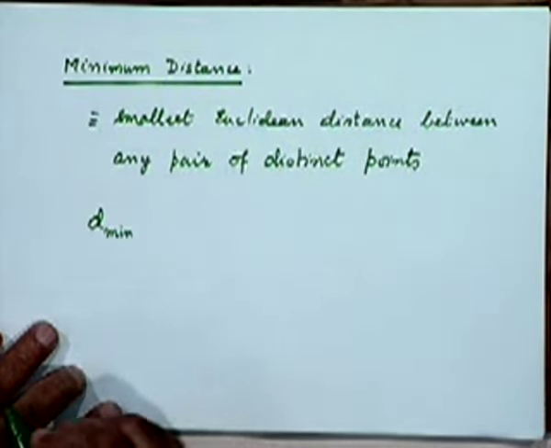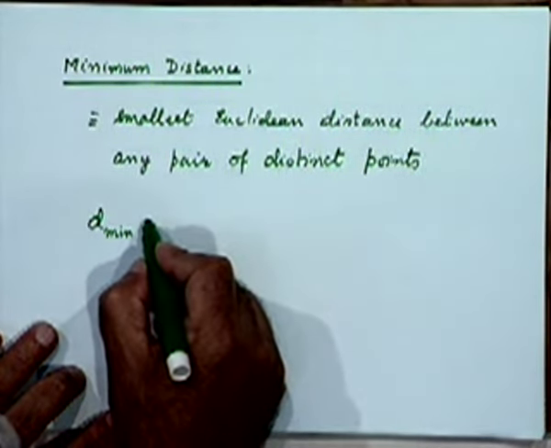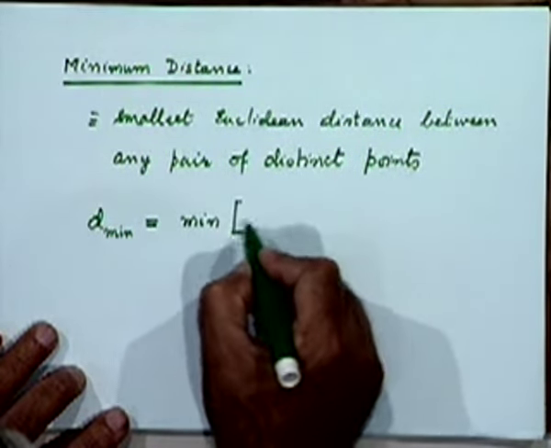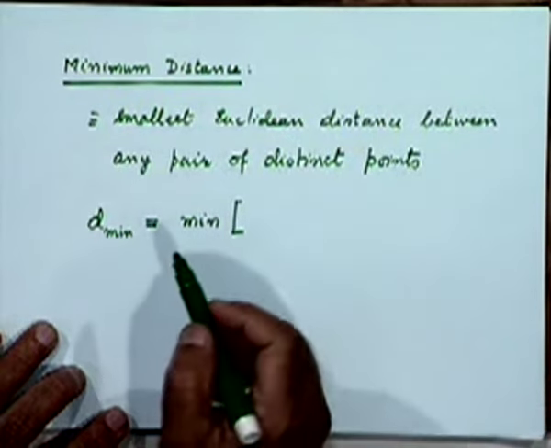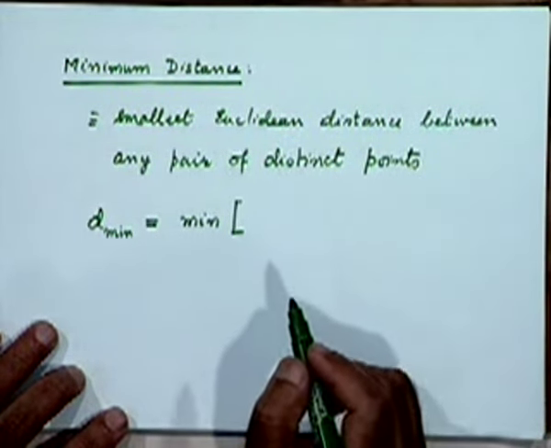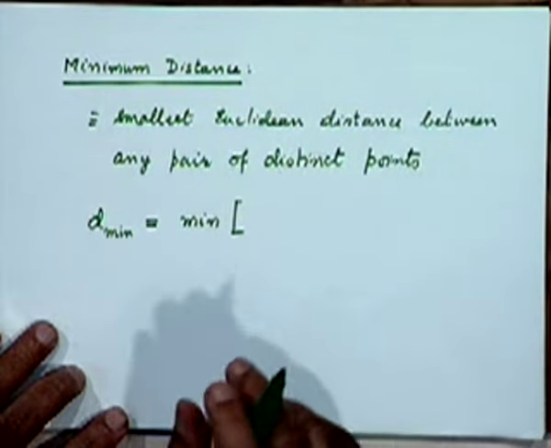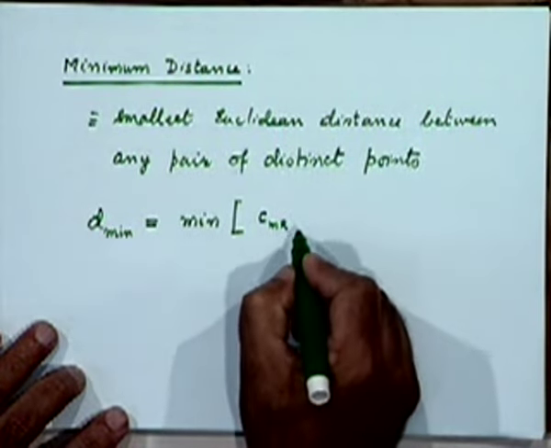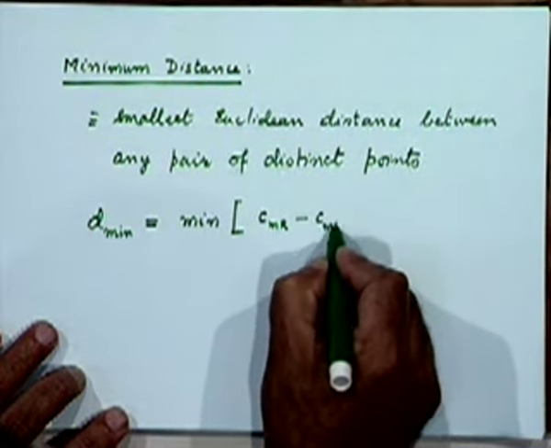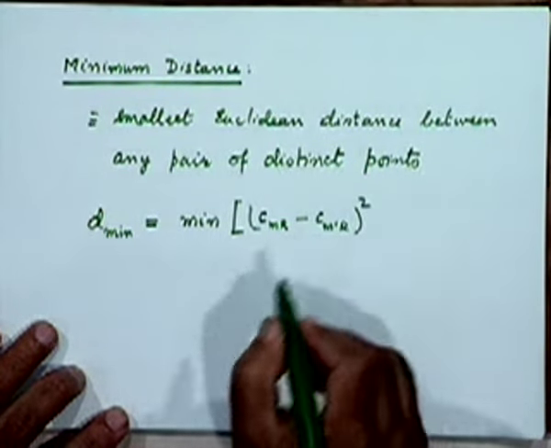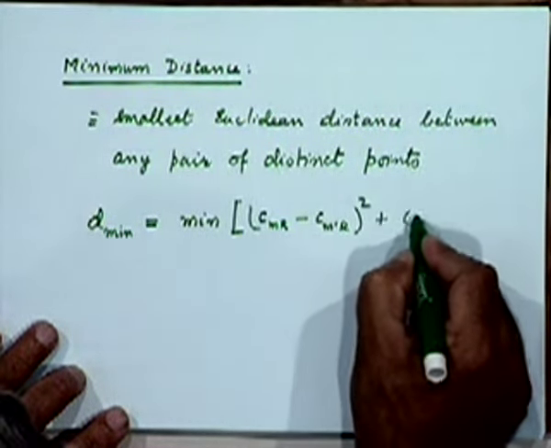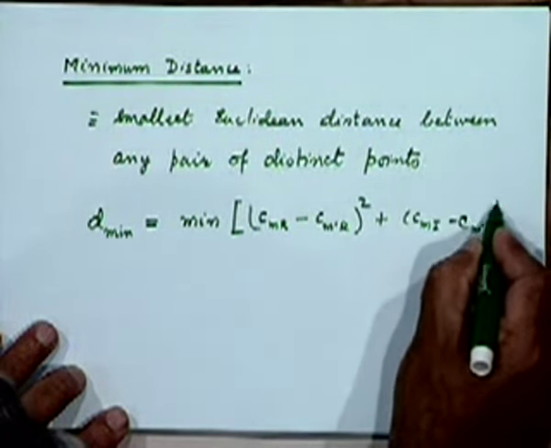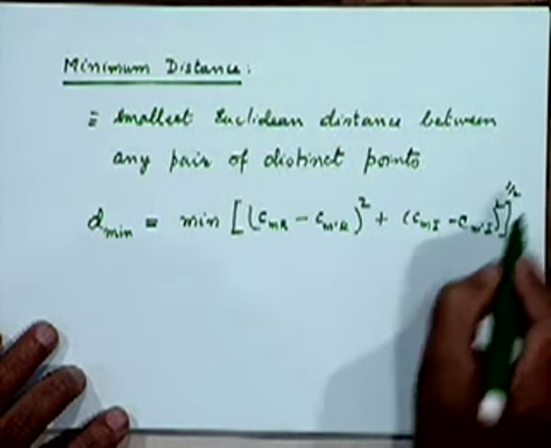We can write a mathematical expression for it. D sub min is the minimum value of, suppose I have two points represented by C sub m and C sub m prime, then the distance will be: you take the difference of the components along the real axis and square it, plus similarly for the imaginary part, and take the square root of that.